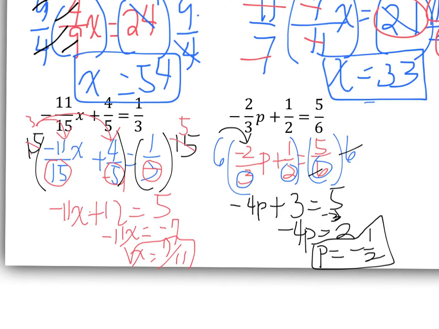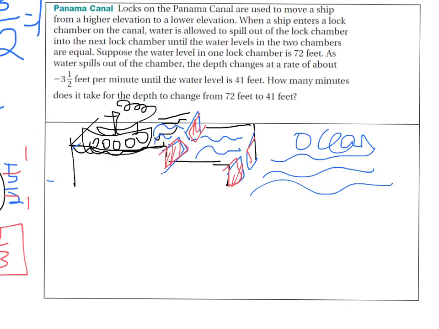Okay, and let's take a look at this word problem, the Panama Canal. A canal just means waterway. Locks on the Panama Canal, so these are the locks here in the picture I drew, are used to move a ship from a higher elevation to a lower elevation.